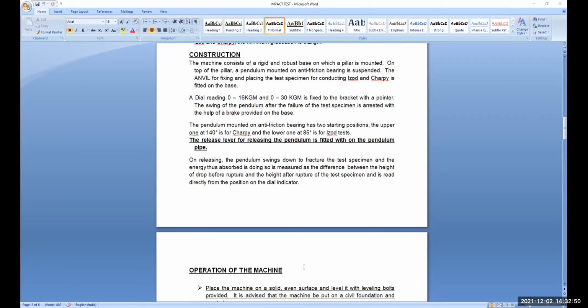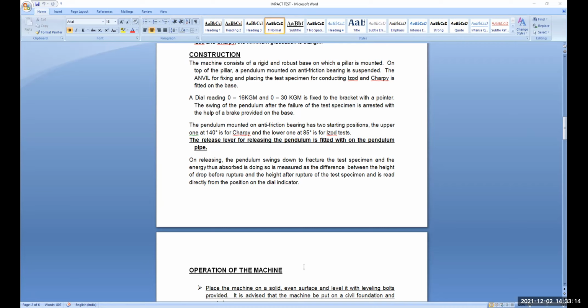After the release, the pendulum swings down to fracture the test specimen, and the energy absorbed in doing so is measured as the difference between the height of drop before rupture and the height of drop after rupture of the test piece. The reading is directly taken from the position on the dial.